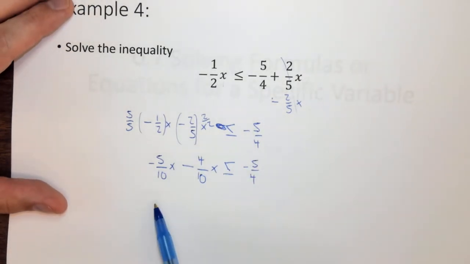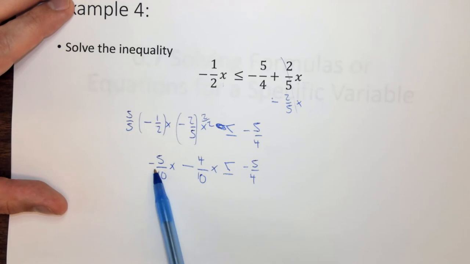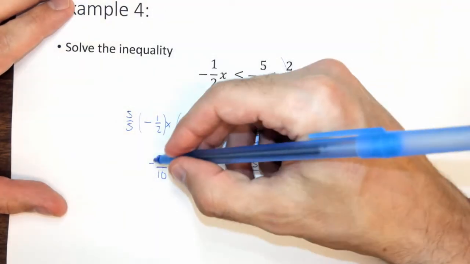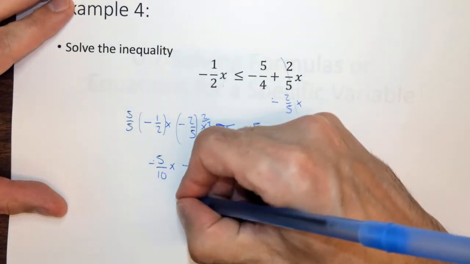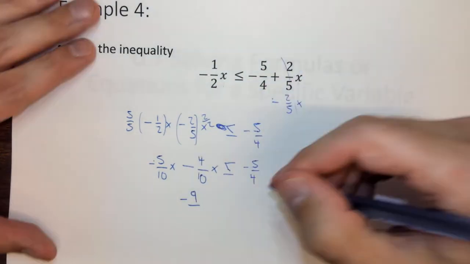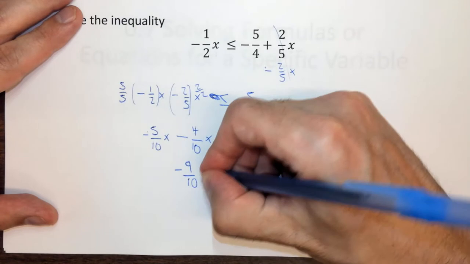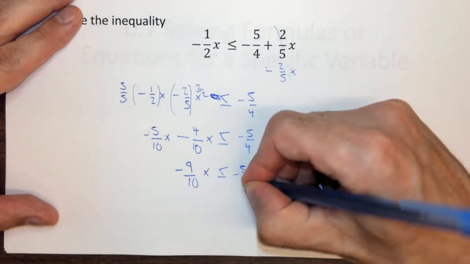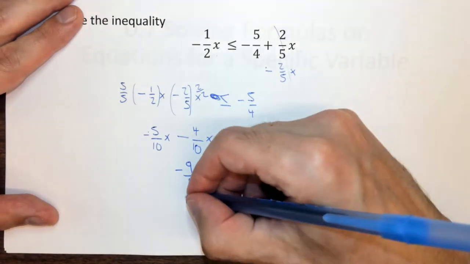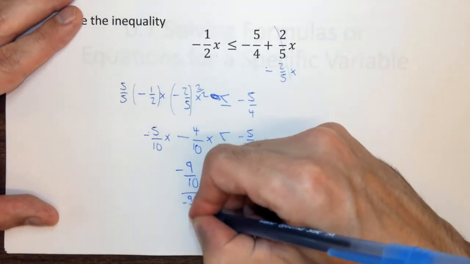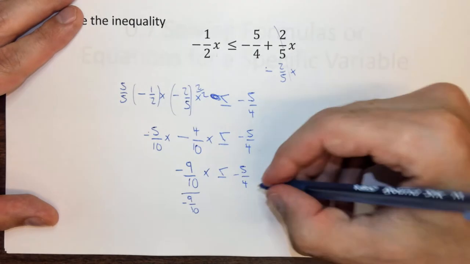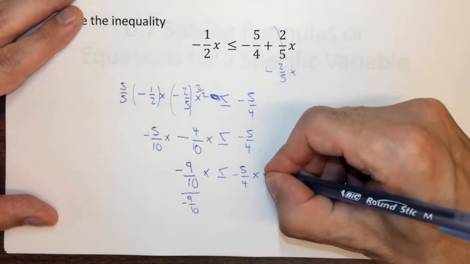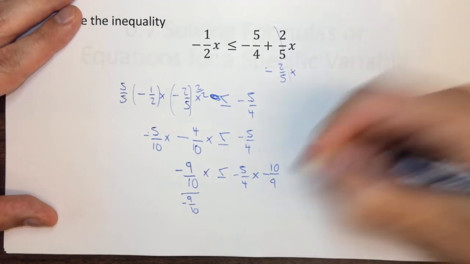Now what we can do is combine these terms because they have a common denominator. So minus 5 minus 4 is minus 9 over 10 x is less than or equal to minus 5 over 4. Now we want to divide by minus 9 over 10. Dividing by minus 9 over 10 is the same as multiplying by negative 10 over 9.